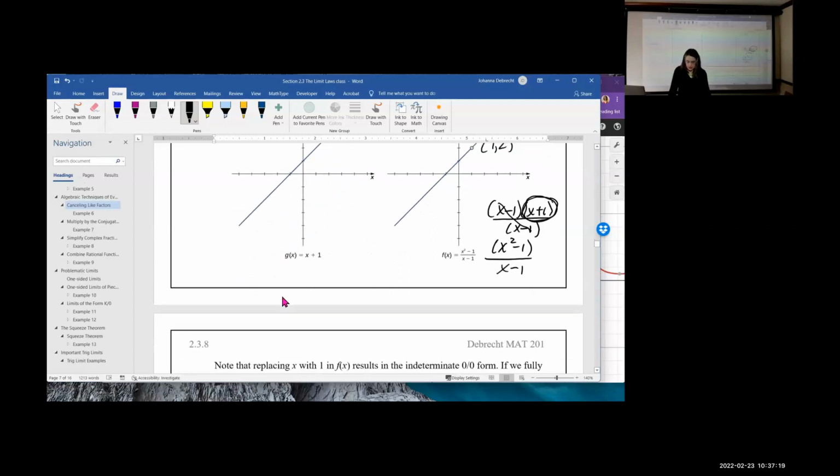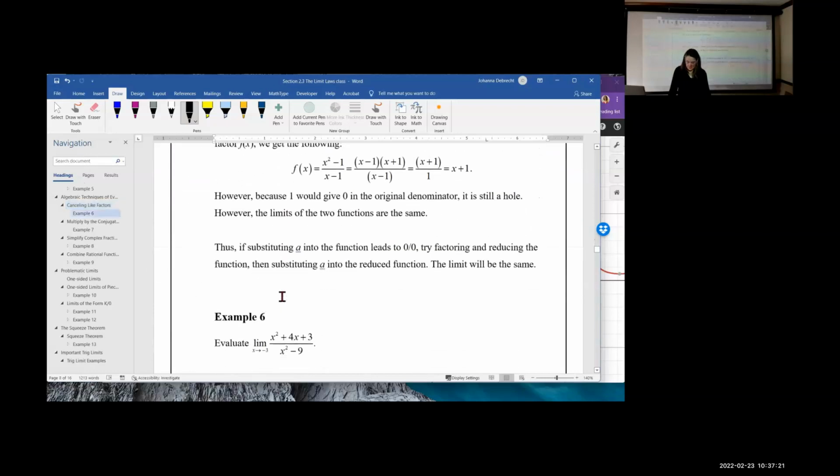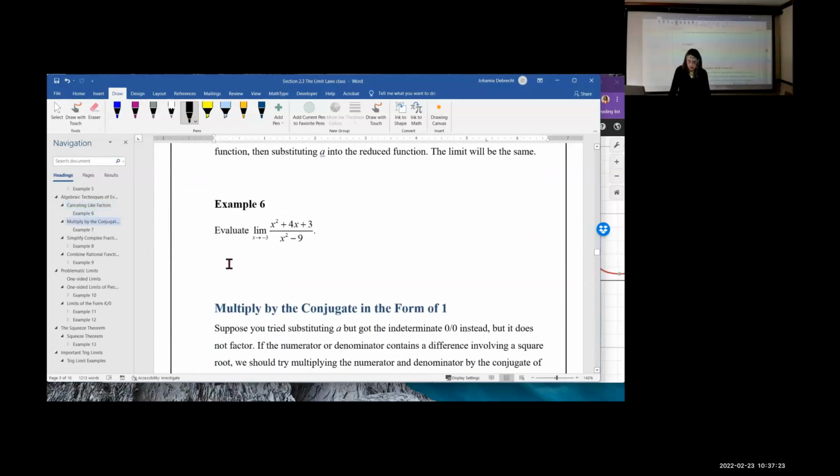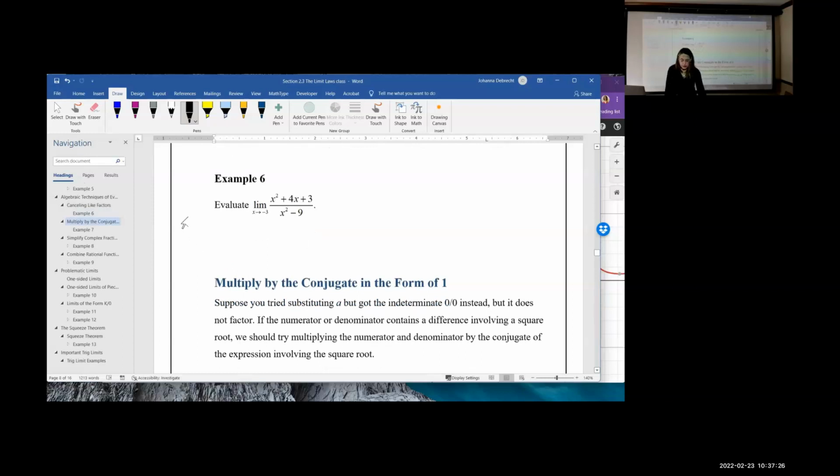So let's look at another example, which is x squared plus 4x plus 3 over x squared minus 9. How do we even know we need to do that? The first thing we always do is just plug it in.